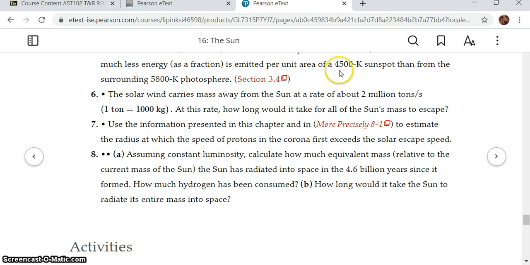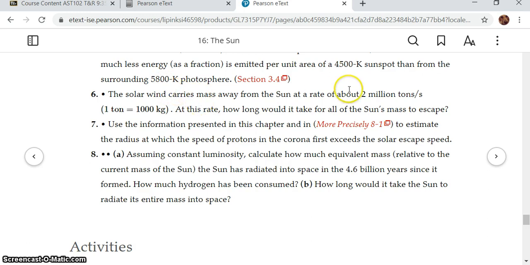So if you look at this as a fraction, it turns out that the energy coming out of a sunspot at 4,500 Kelvin compared to the surface of the sun is only 36% of the energy coming out of the actual surface of the sun.